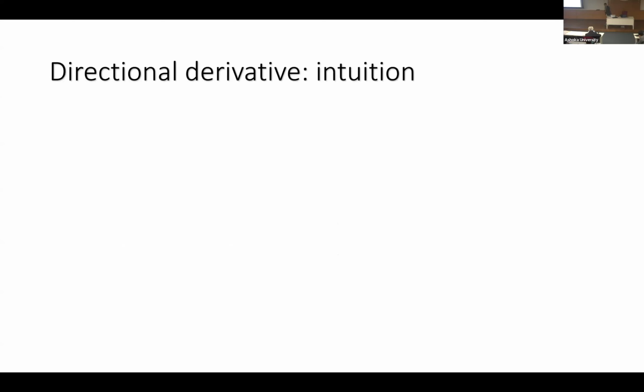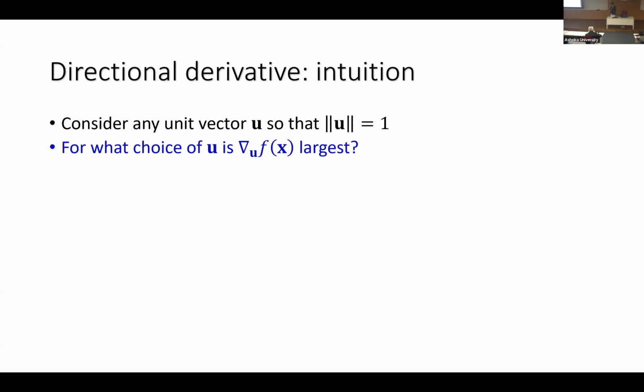Right. So if we look at some visualization or some intuition, consider any unit vector u such that norm of u is equal to 1. And let us ask this question: for what choice of u is the directional derivative along u largest? So how do we solve this optimization problem?